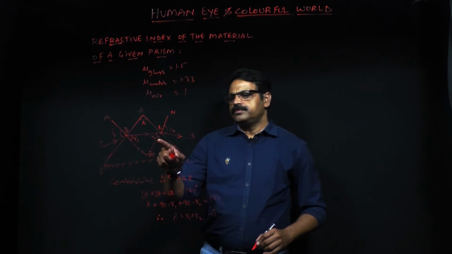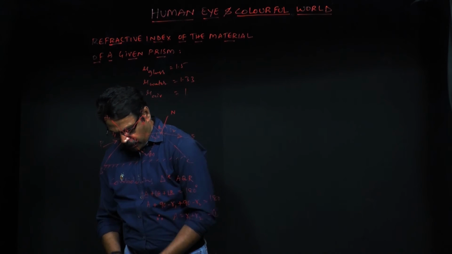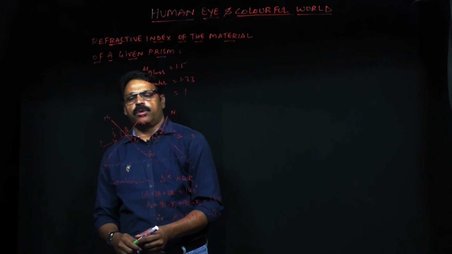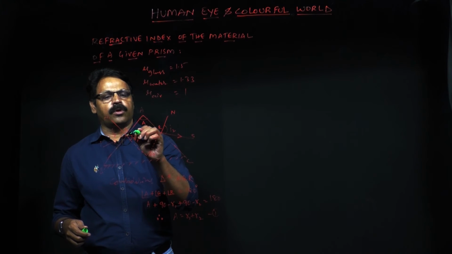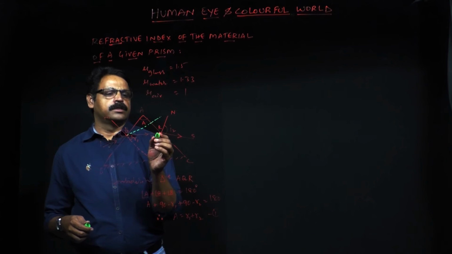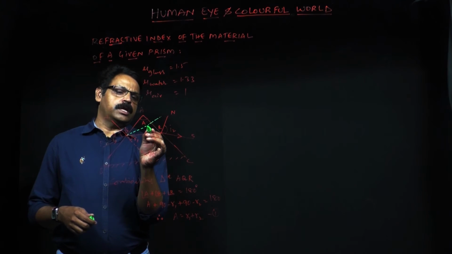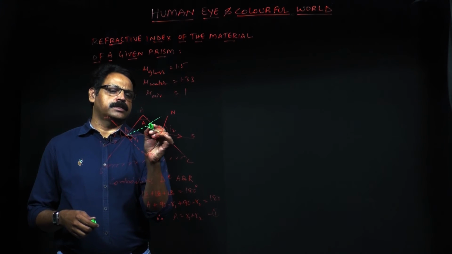Now, looking at the second case, if this ray did not undergo refraction, it would have gone in an undeviated path like this. This is the original emergence. That means it is deviated by this much.